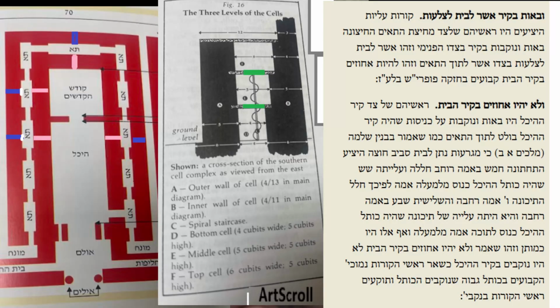The first floor was five amos, the interior space, and the second floor on top of that was six amos. As we said, the wall of the Hechel went inside an amma, it narrowed one amma, so in other words, the second floor you had the amma protruding, and that's where the beams rested upon.